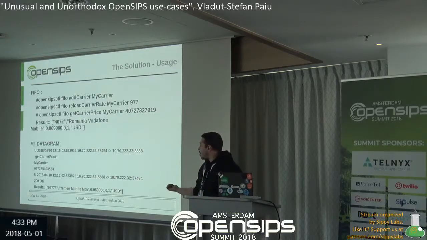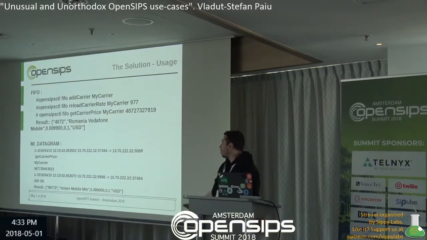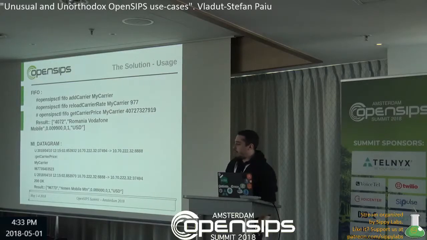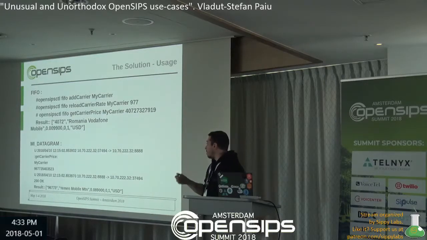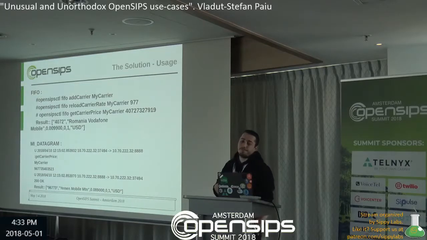And I just have it queried in real time. So if we interconnect a new carrier to the platform, we just add it, and the module goes to the database and loads up the info. When we assign a new rate sheet or make a change to the carrier's rate sheet, we just tell the module to reload the rate sheet.